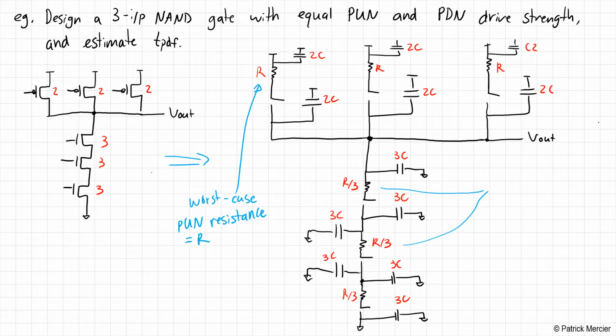And all of these, when added together, the total pull down network resistance is equal to R. Again, also the same as a unit size inverter, so I think we've been doing our job well here.